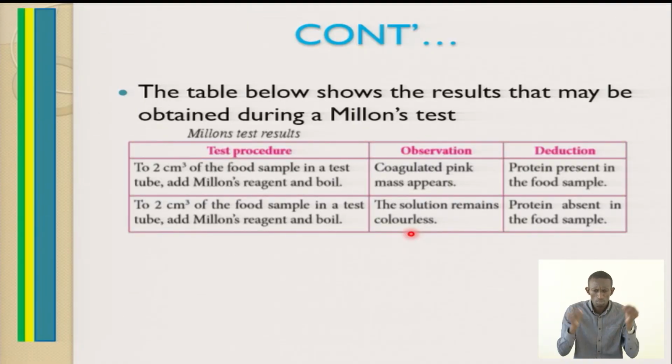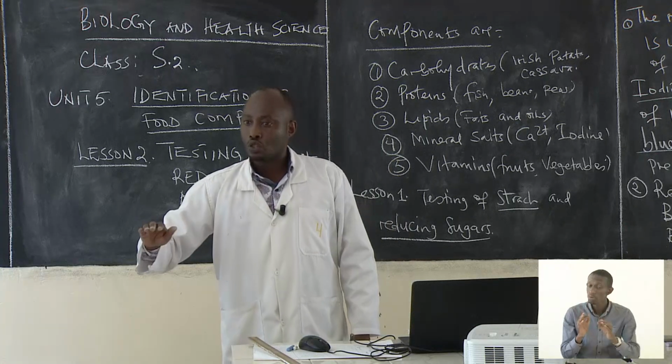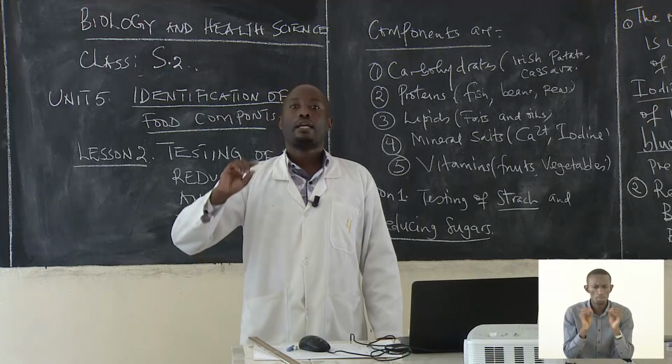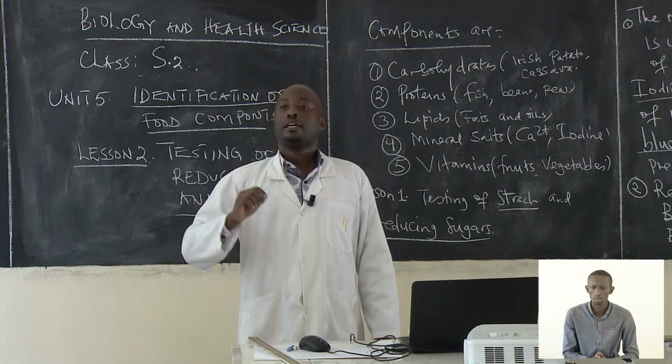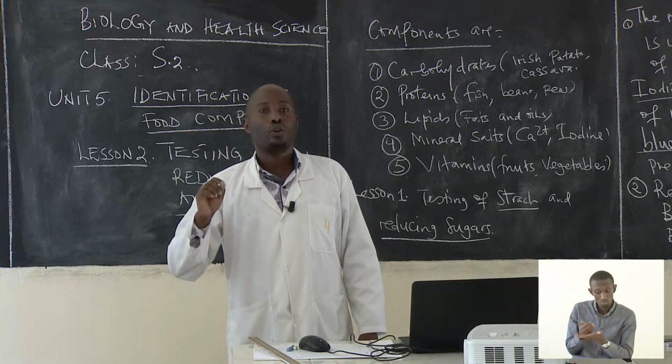My deduction is that there is an absence of proteins in the food sample. Once the colorless color is observed, that confirms that the food sample does not contain proteins.